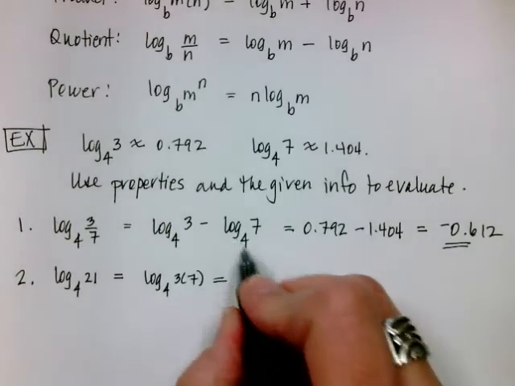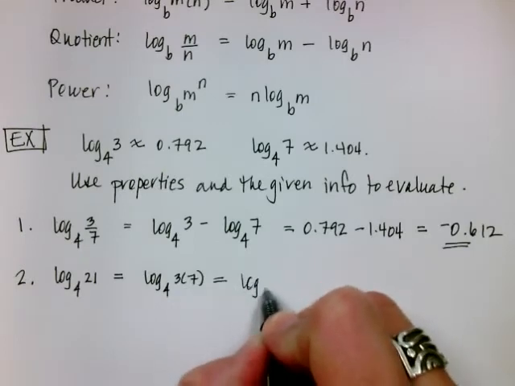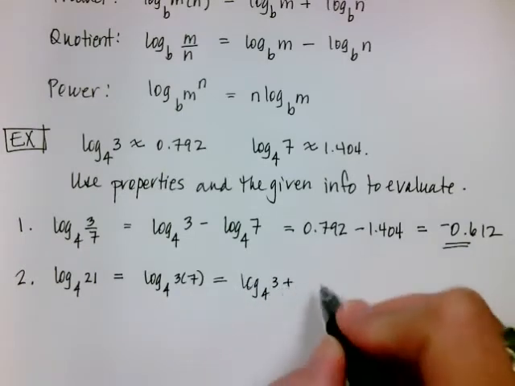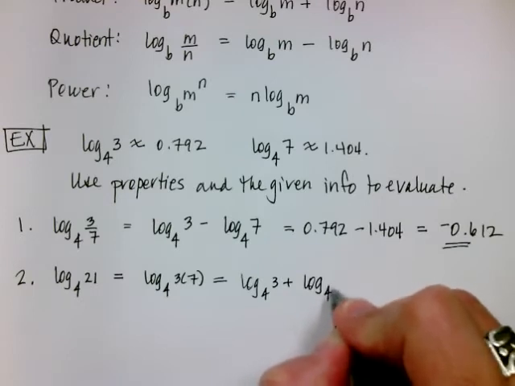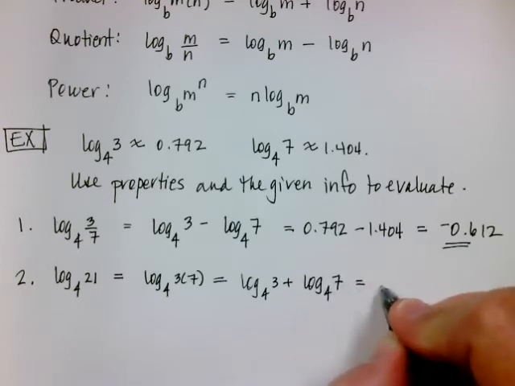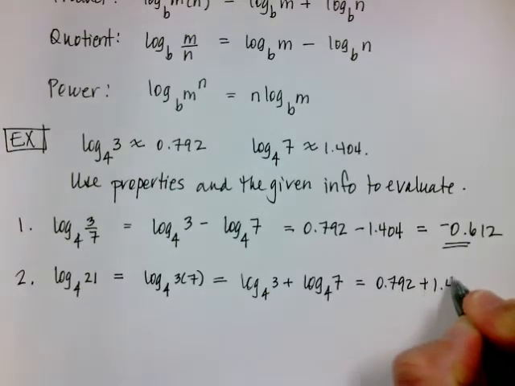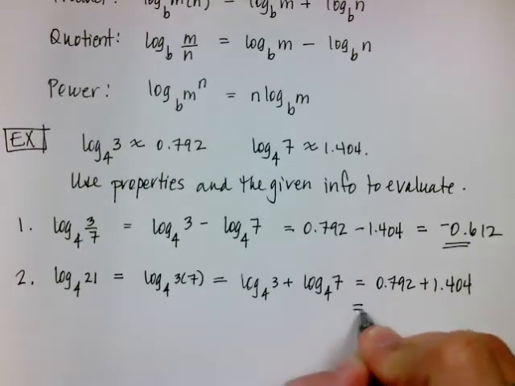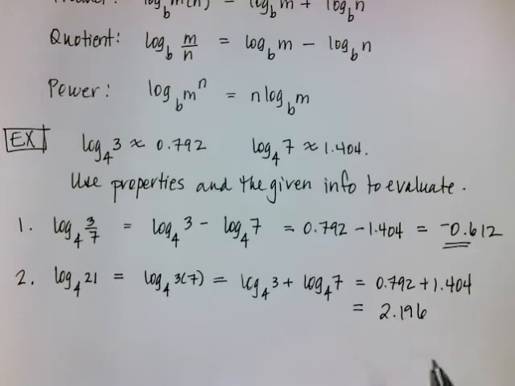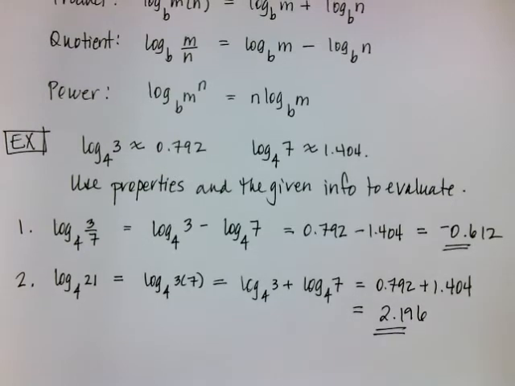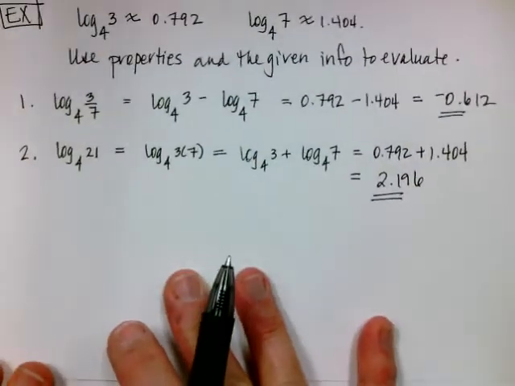Multiplication is addition when I rewrite it, so I'm going to do the log base 4 of 3 plus the log base 4 of 7, and then I get the 0.792 plus the 1.404. Simplify that math, and I get 2.196. Okay? So the properties allow us to evaluate logarithms.